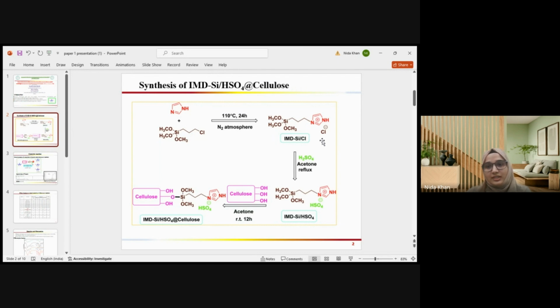Then the formed product, the ionic liquid, undergoes an ionic exchange in the presence of sulfuric acid. Then this ionic liquid is supported on cellulose at room temperature. Then our product is formed, that is our heterogeneous catalyst IMD-Si HSO4 at cellulose.